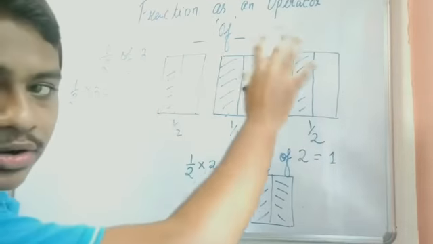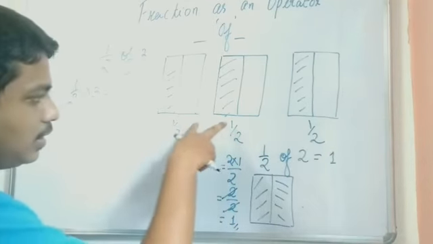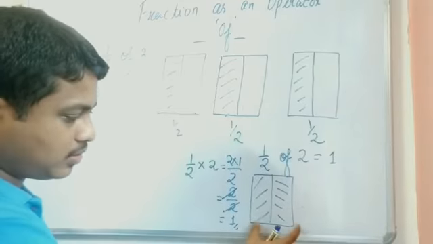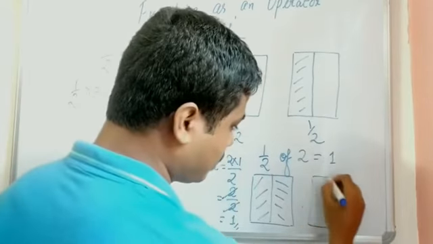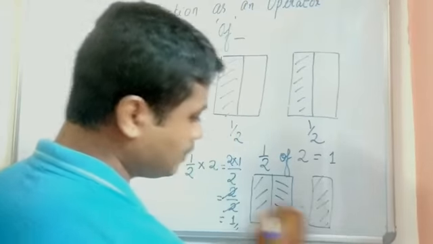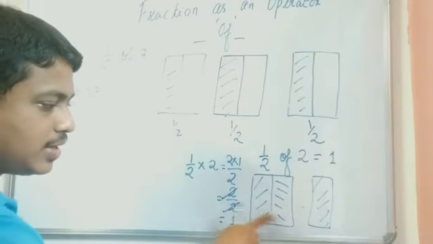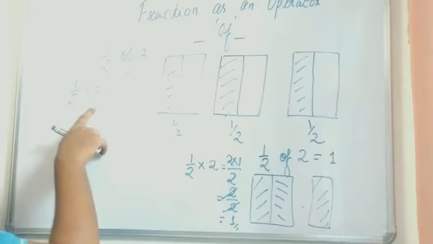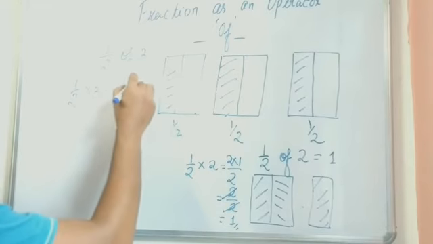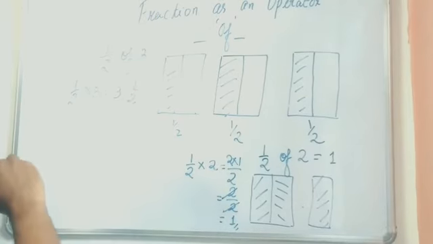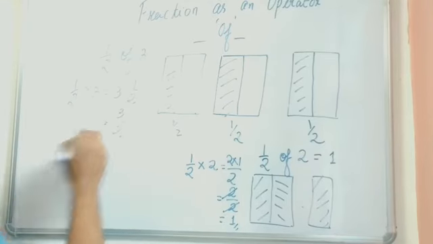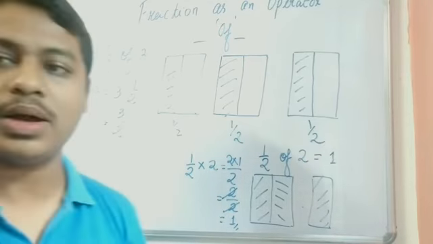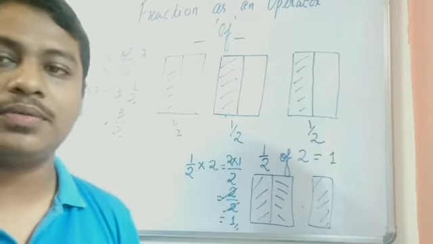If I draw it in the shape of the figure, two halves will represent 1. So this is representing half into 3, that is, 3 halves, or 3 by 2. So this is about the multiplication of a fraction.